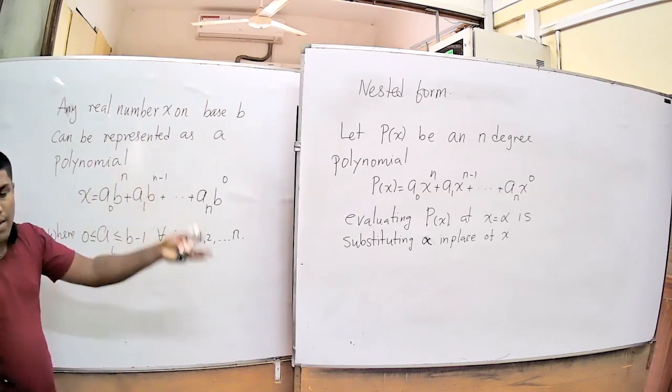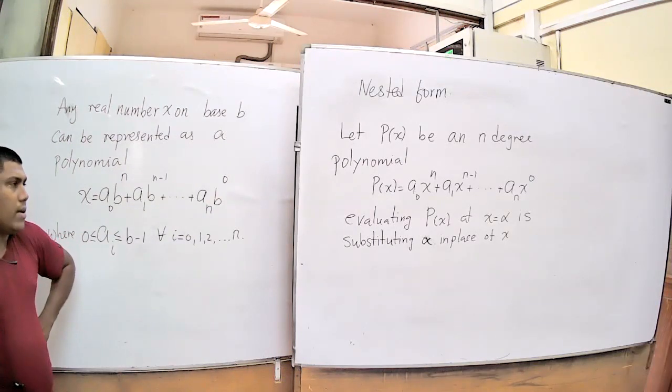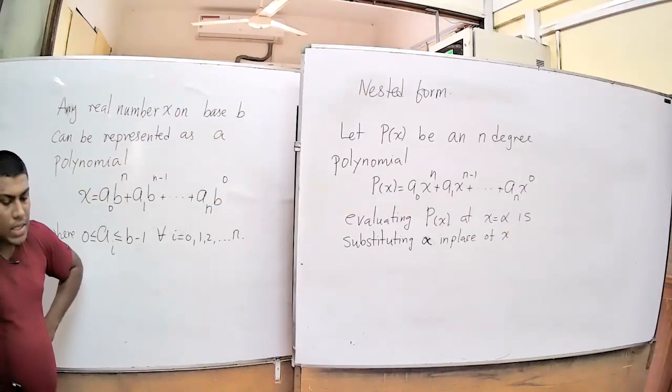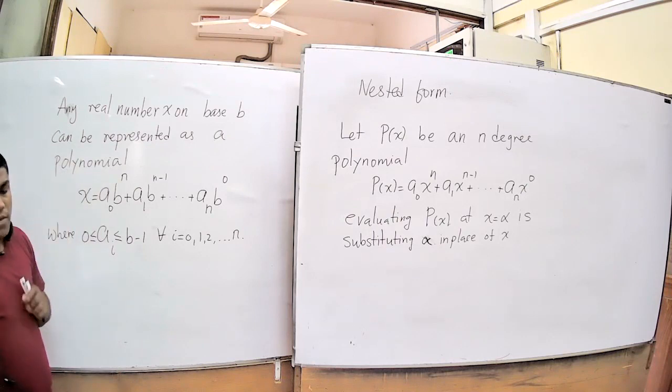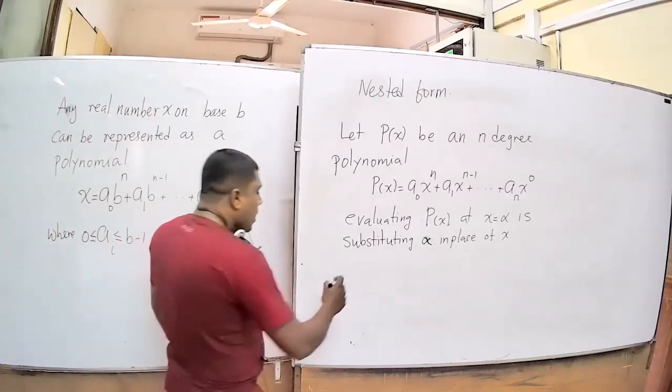So if I want to evaluate at 2, I have to put x equal to 2. That is the basic thing which you all know. So let us see an example.